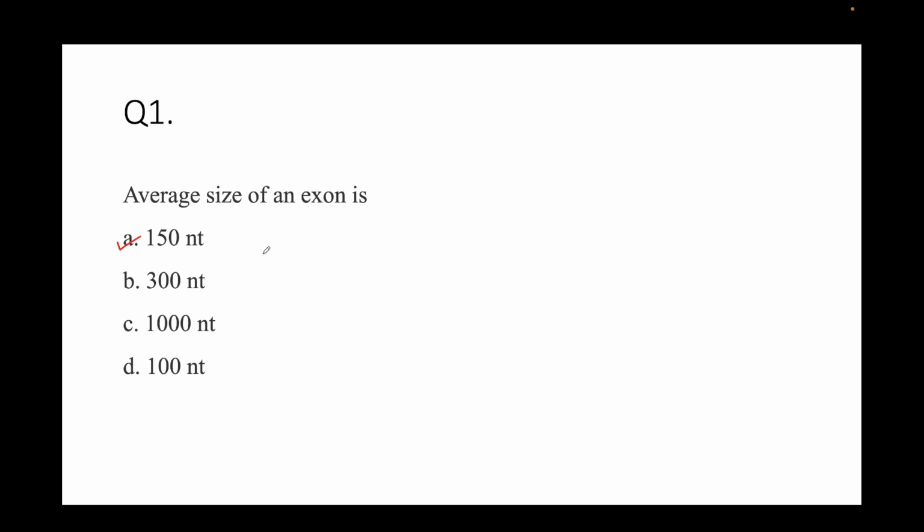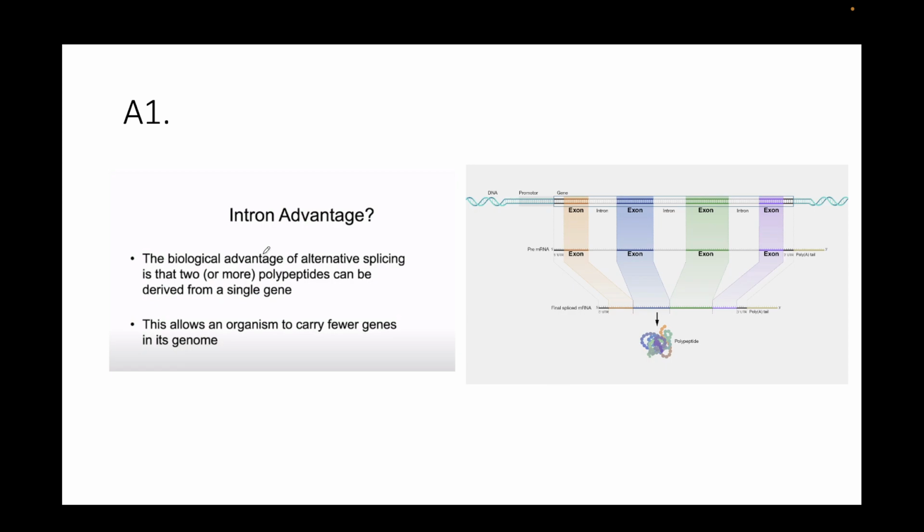So here is the thing actually. Introns are of different sizes. We cannot say that an intron is 100 to 200 nucleotides or 300 nucleotides or 10 to 20. It depends upon the organism, and it changes according to species also.